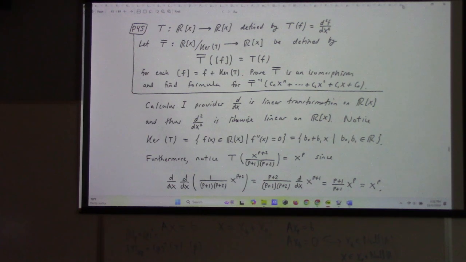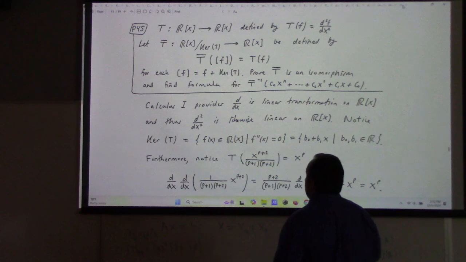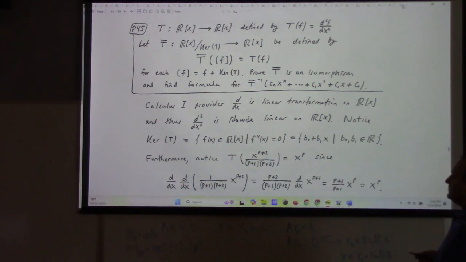Let's see here. So we're given the transformation's a second derivative operator, and we're trying to induce T bar on the quotient space of the kernel in that way, right? So I think that's essentially what the first isomorphism theorem does, right?